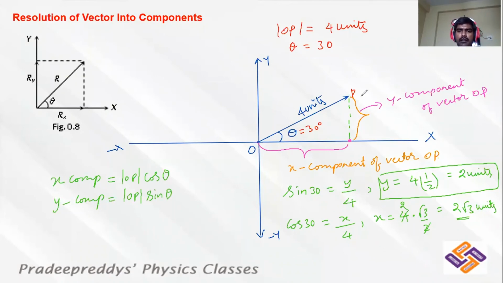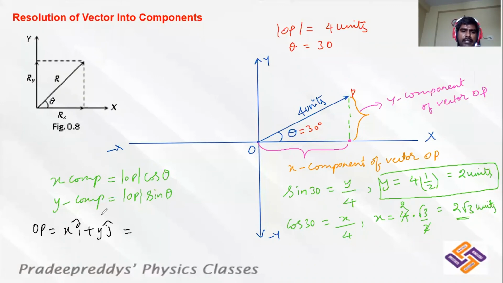So this vector which is OP, you can resolve that vector into components. The given vector you can write in terms of x component as well as y component. So I will represent that vector OP as x component, this is along x axis, plus y component, this is along j.